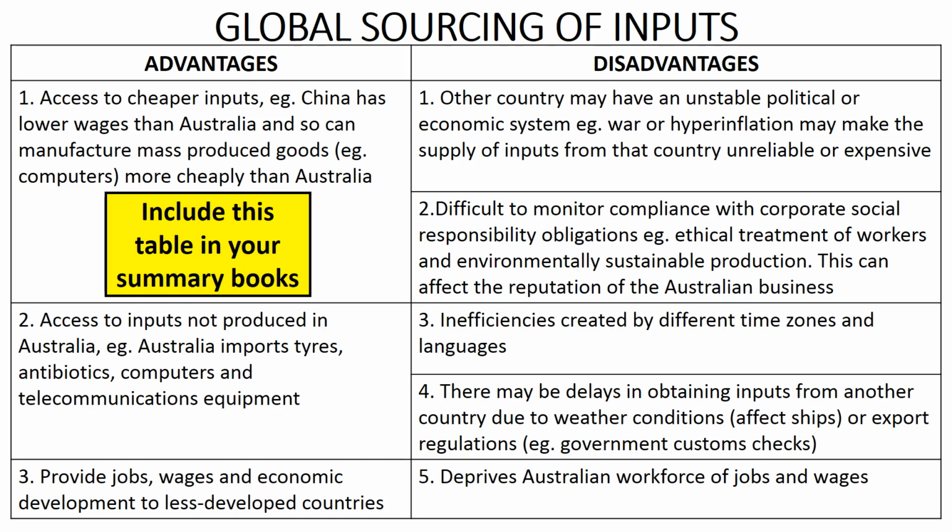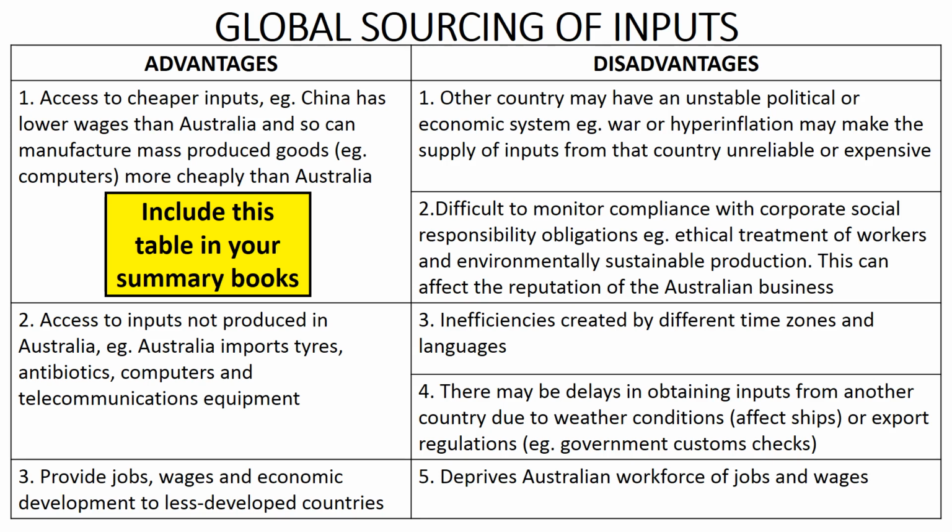Globally sourcing inputs has three main advantages. First, it may be cheaper to buy inputs produced overseas than similar inputs produced in Australia. For example, China has lower wages than Australia, and so it can manufacture mass-produced goods, such as computers, more cheaply than Australia. Second, it might not be possible to buy the necessary inputs in Australia at all.